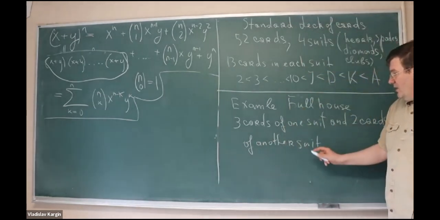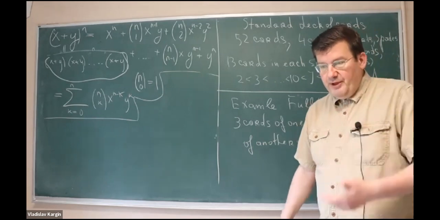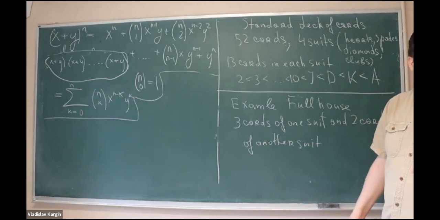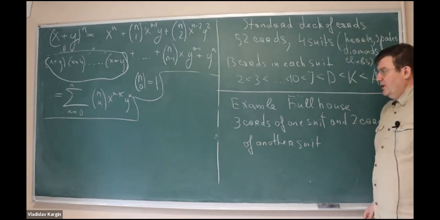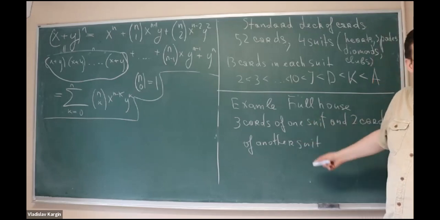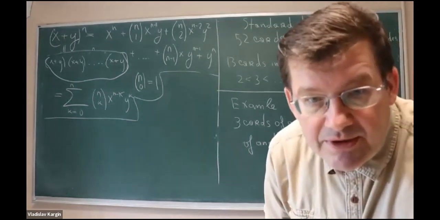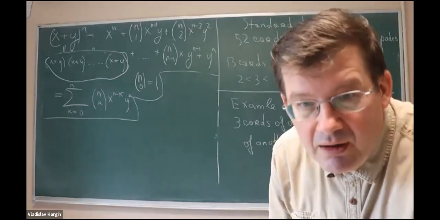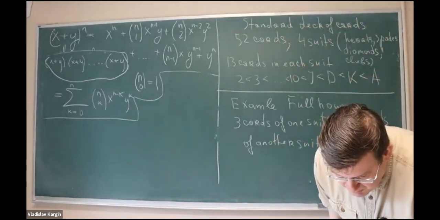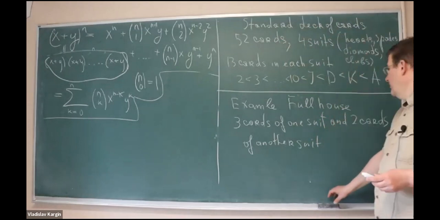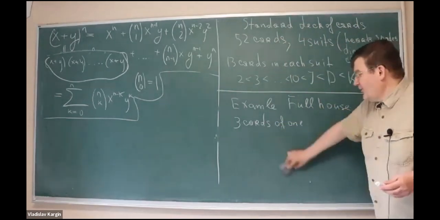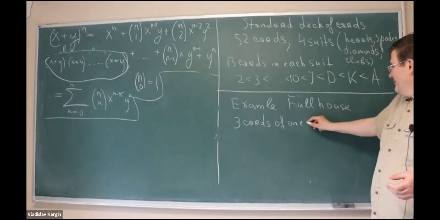We are just interested in the question: what's the probability that, after we open our cards, we will see this particular combination? What's the probability of this particular hand? There are 3 cards of 1 rank, not suit. Let me see. Yeah, you are right, sorry. So 3 cards of 1 rank, and 2 cards of another rank. You see my skill in poker is not very great.